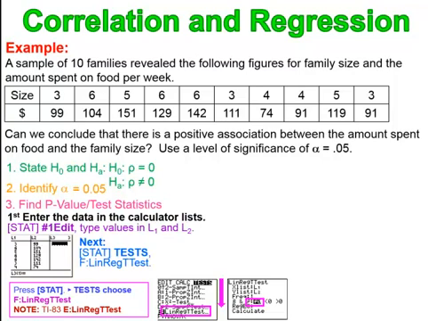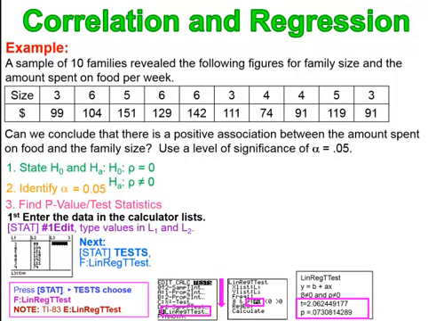Hit enter, and it's going to give you this menu option. Make sure that your X list has L1 in it, your Y list has L2 in it, and that you have highlighted the two-tail row test. Hit calculate, and then you'll come up with this answer.